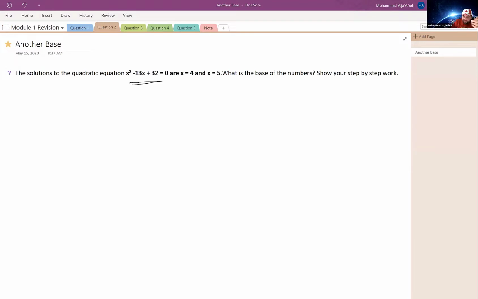In other words, given that I'm giving you the roots, you can say, because those are the roots, x minus 4 multiplied by x minus 5 is equal to 0.